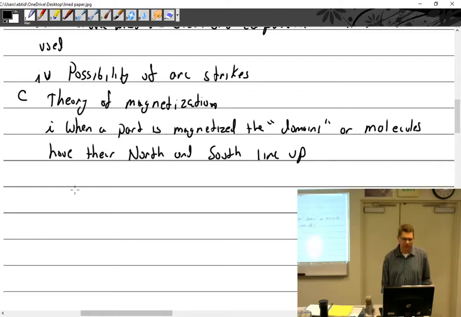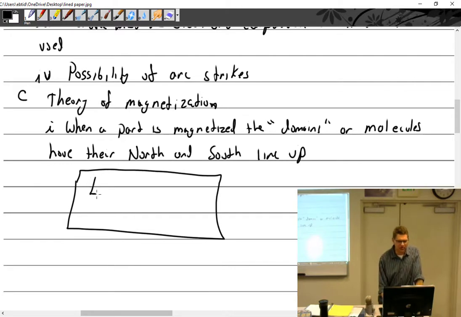So if you don't remember, I talked about kind of a simplistic way of looking at it. Within a part, we could imagine that there's all these little bar magnets, and the bar magnets may go all over the place in all different ways, and they will have a north at one end and a south, and a south and a north, and they're just random. So it doesn't matter which way they go.